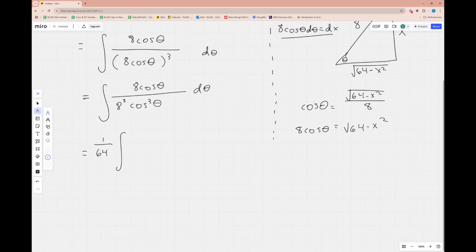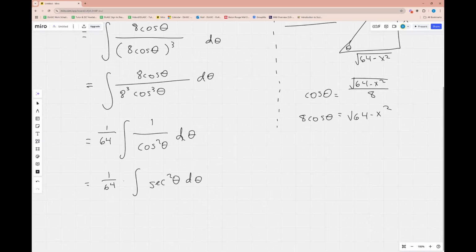And then obviously, cosine over cosine cubed, you're going to have a cosine cancel in the numerator and the denominator, and we're going to end up with 1 over cosine squared theta d theta, which is equal to 1 over 64 times the integral of secant squared theta d theta, right? And then hopefully you can kind of see where we're going with this.